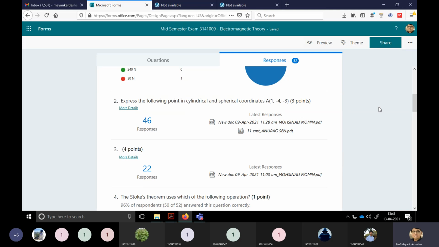In the second question, you have to express the point in two different coordinate systems: one is the circular cylinder and the second is the spherical coordinate system. I think most of you also did this same thing. You have to use the generalized equation of the circular cylinder as well as the spherical coordinate system and solve it.